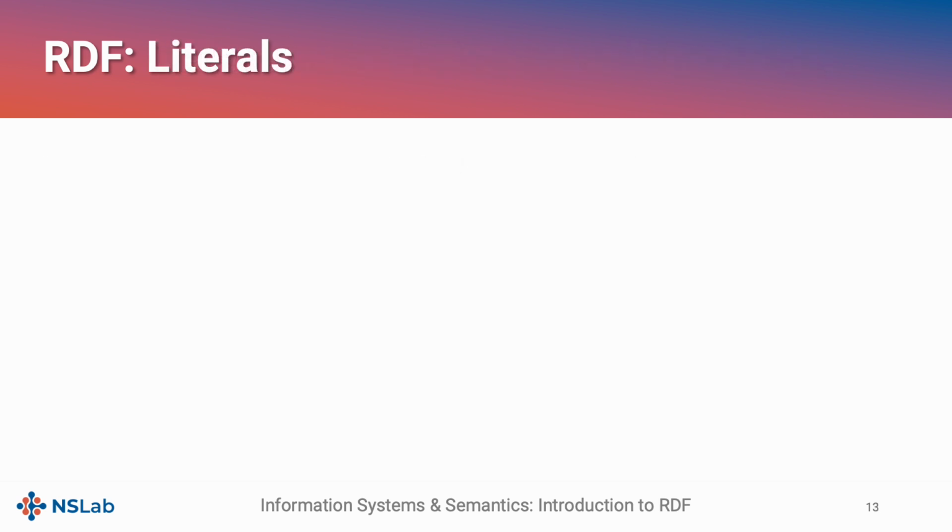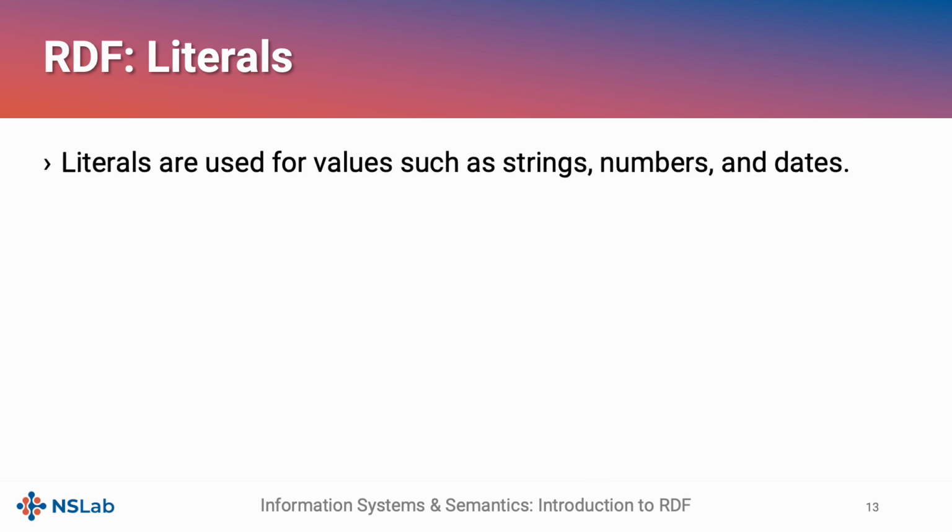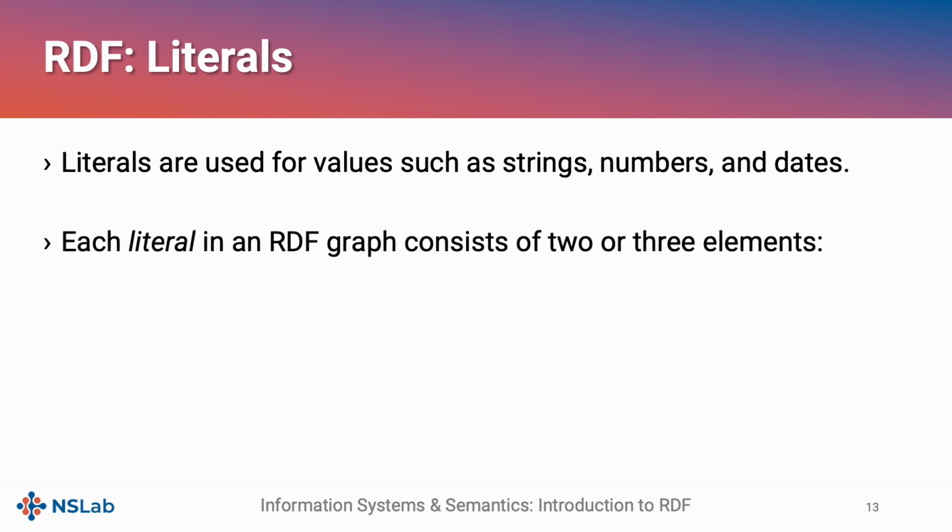The other type of resources are literals, and literals are used for values such as strings, numbers, dates, floating numbers, etc. Each literal in an RDF graph consists of 2 or 3 elements. First, there is the lexical form, some Unicode string. So you can write, for example, Marek or 15, but you need to write it as a string. That's important.